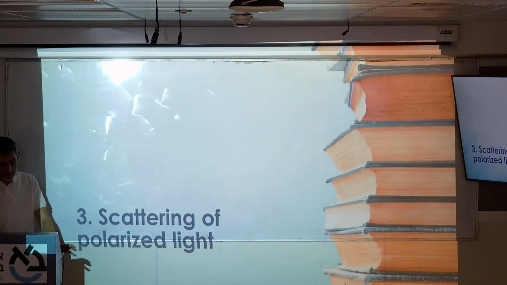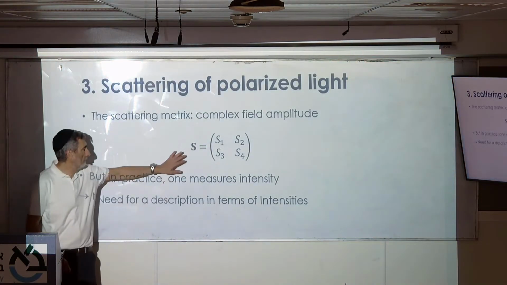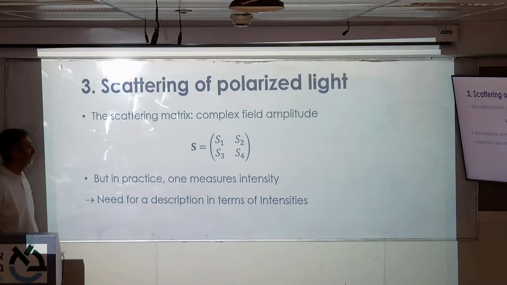Practically, when you want to analyze the scattering for polarized light, what you measure is never amplitudes, never field. You measure intensity. In optics, it's much easier to measure intensity than fields.